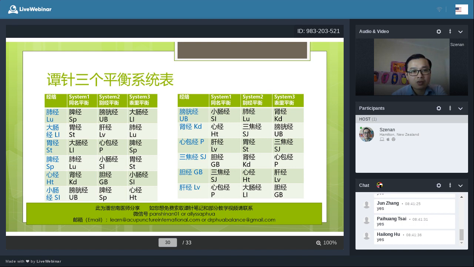This is acupuncture 1, blue color, sick meridian. Then acupuncture 2, you can use system 1, system 2, and system 3. I don't have time to talk to you about system 2. But hey, just get familiar with system 1 and system 3. I'm sure you will get good results from that.